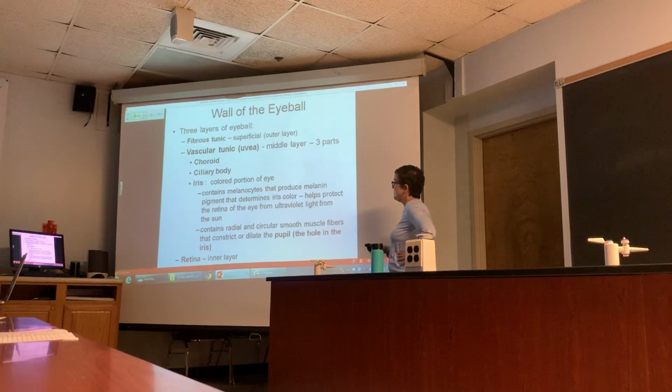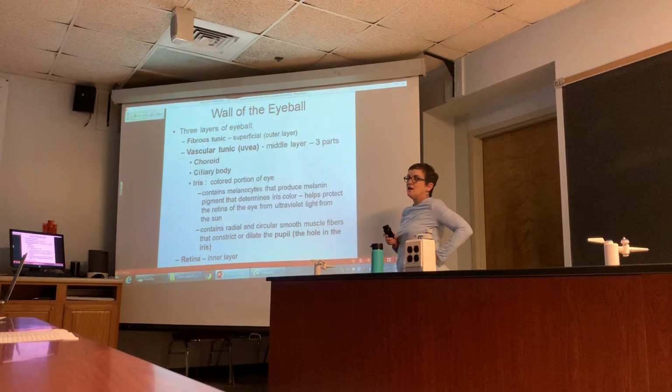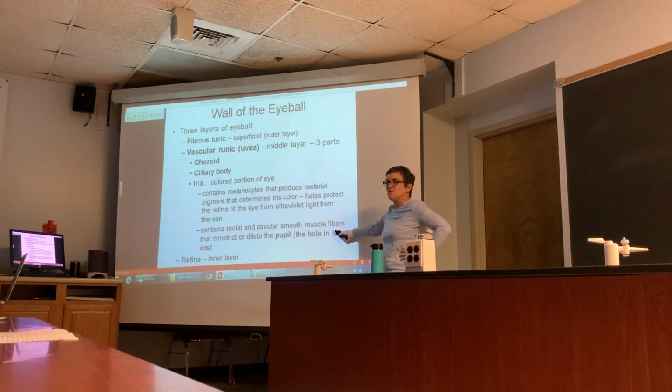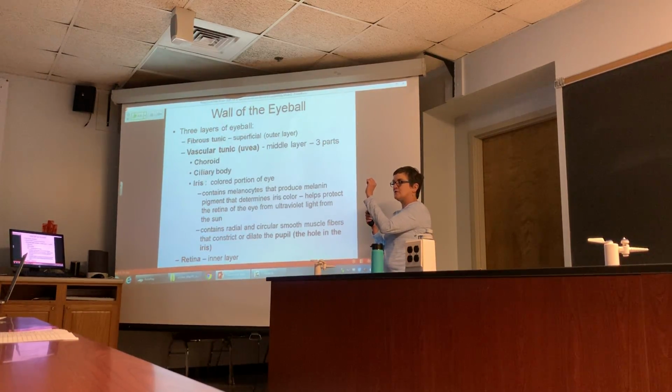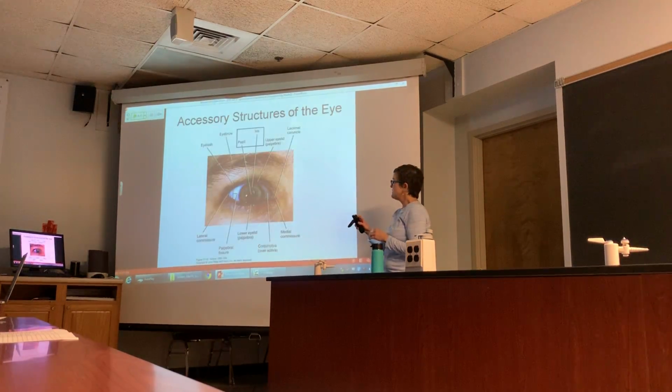Now there's also, in the iris itself, you not only have pigment, you can't tell this, but you actually have smooth muscle fibers, radially oriented and circular smooth muscle, that can either constrict, not completely close it, but constrict the pupil, or dilate it. So let's look at that real quick.